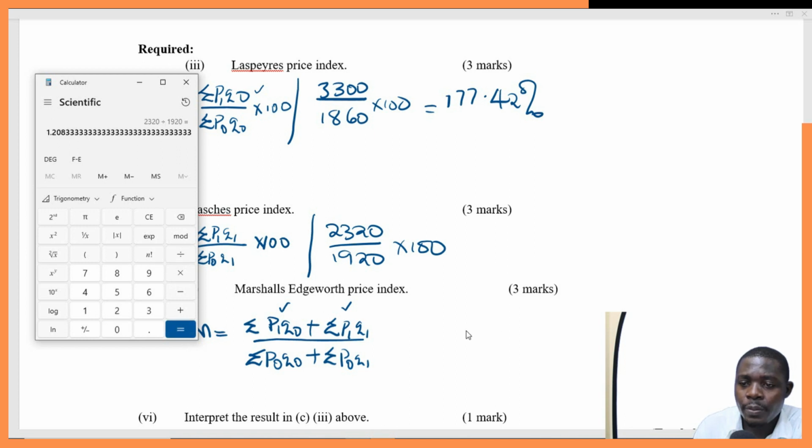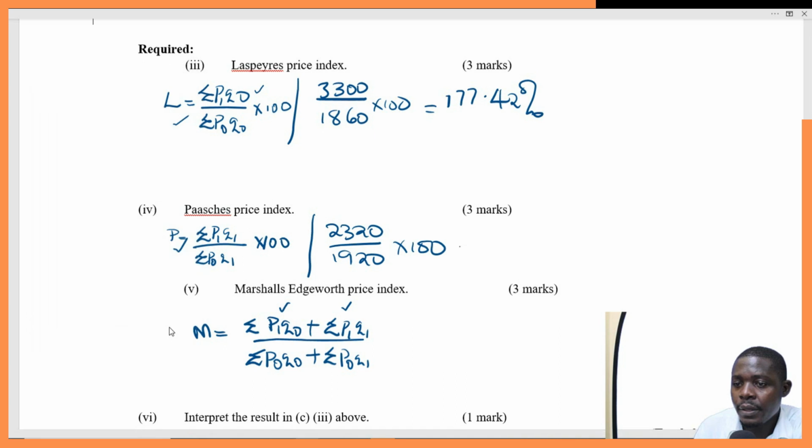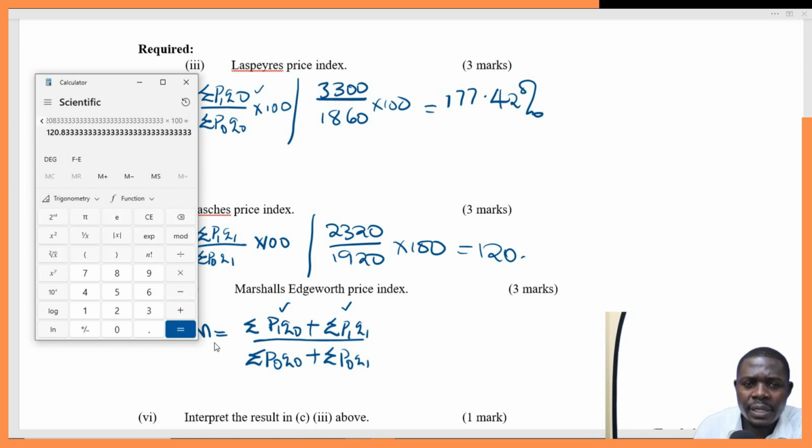We get 1 point something. Then we multiply the answer by 100. Getting 120.83.